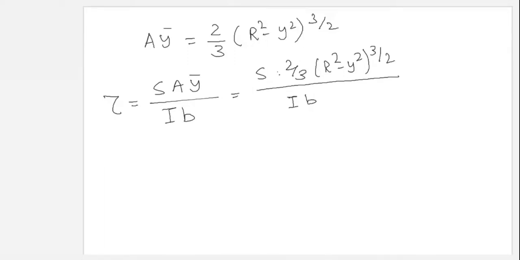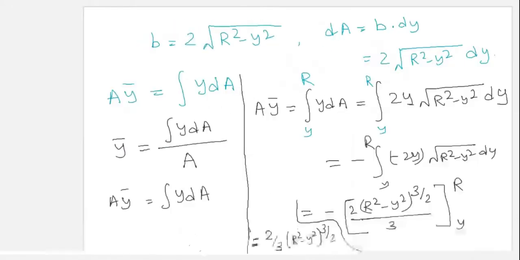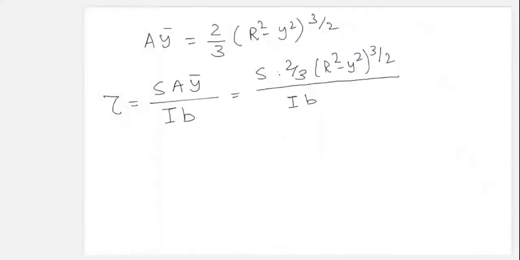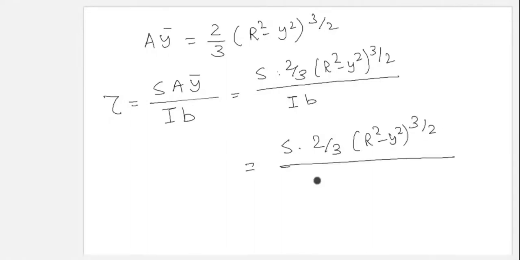Now what is the B? B is nothing but 2 into this EB, that means 2 times the square root of r square minus y square. So this becomes 2/3 r square minus y square to the power 3/2, by I into 2 times r square minus y square to the power half.